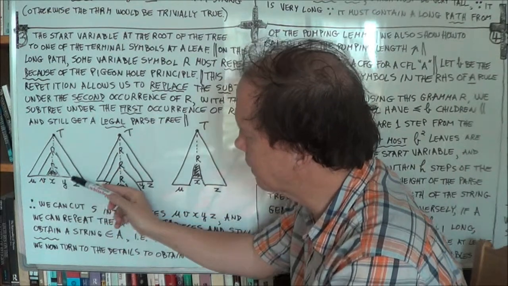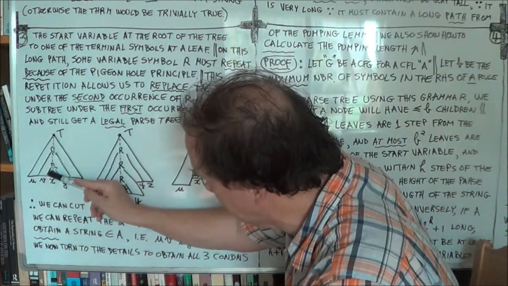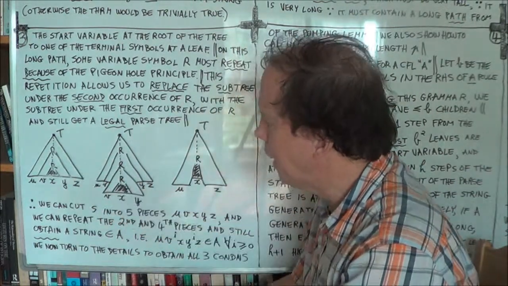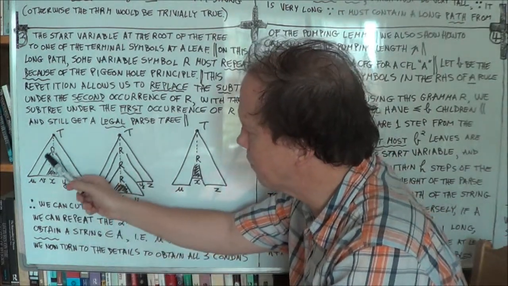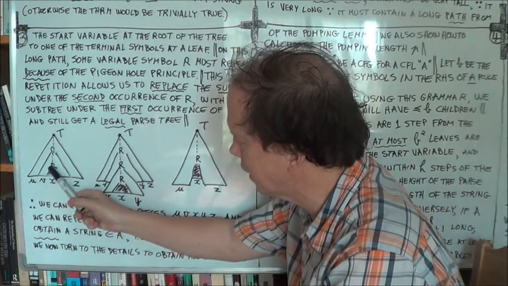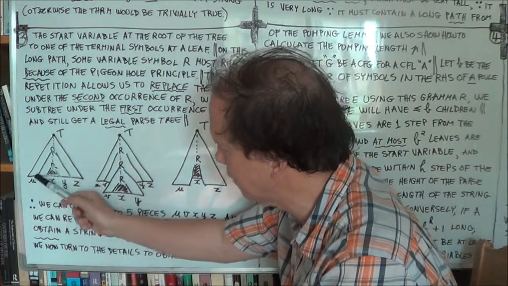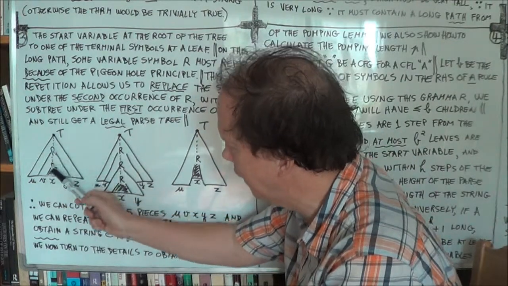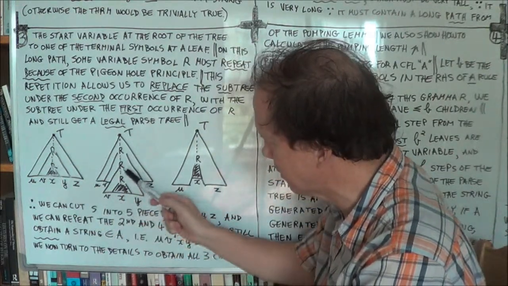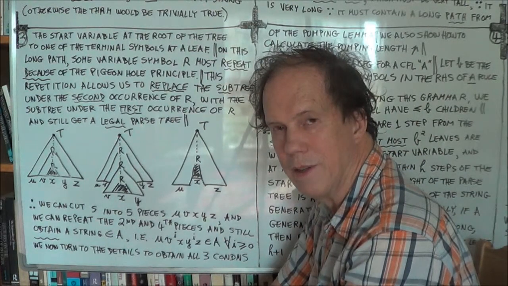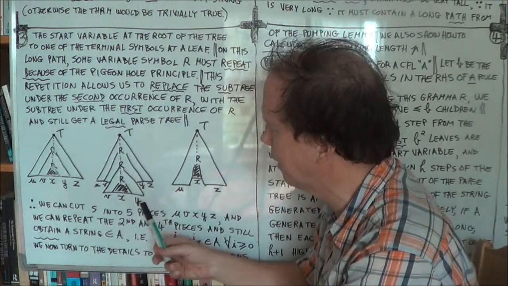And now take this bigger subtree, the whole thing, including this part, and put this subparse tree starting here, because these two R's are the same. So I can put this subparse tree here, and I'll get this sort of thing. All right. You're starting to click now. You're starting to see where this is going.